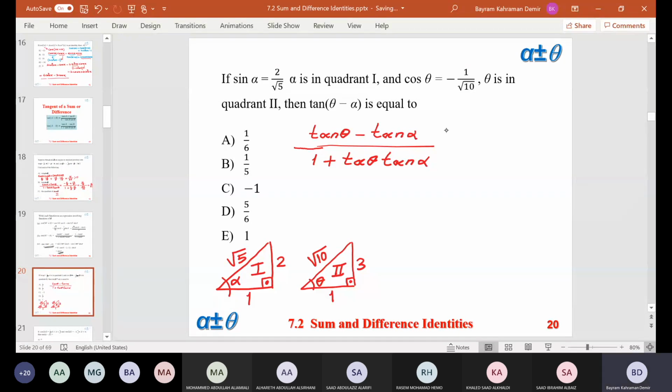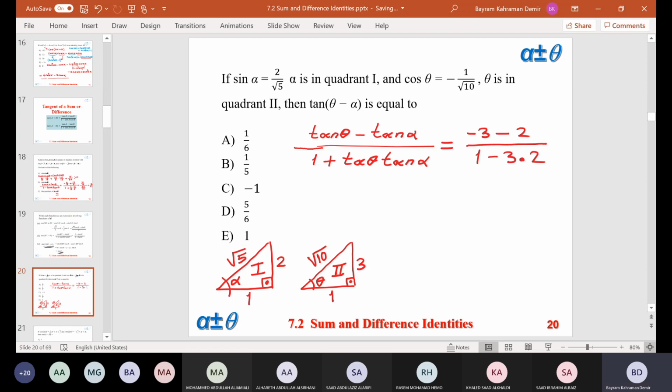So what is the tangent of theta, everybody? It will be -3. Perfect. -3 minus, what is tangent of alpha? 2, over 1, plus 3 times 2, right?